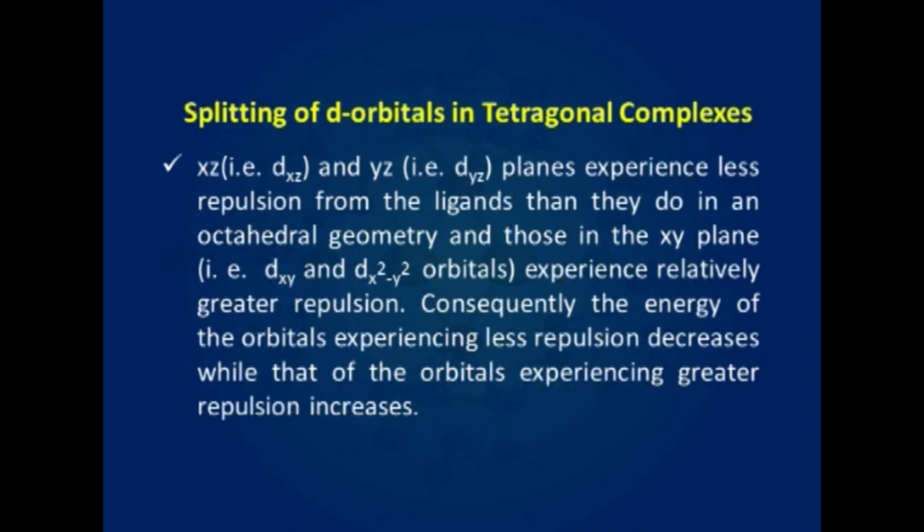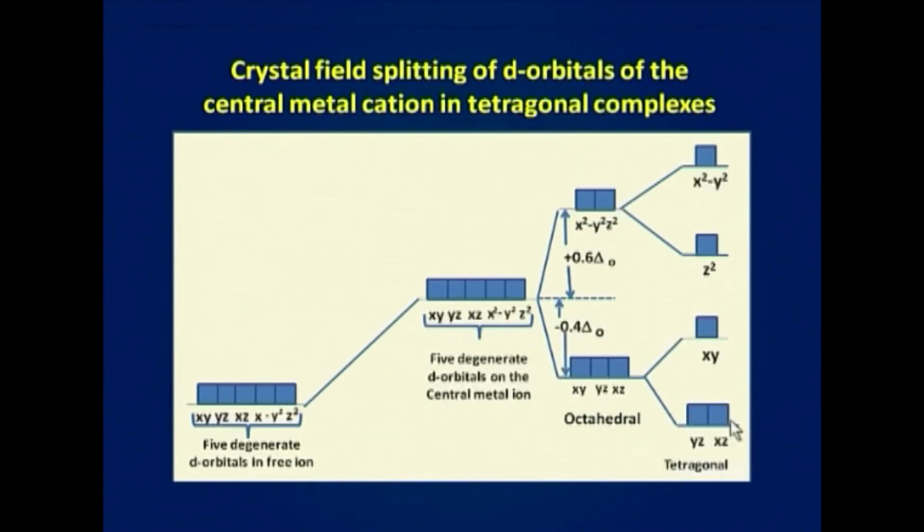Consequently, the energy of the orbitals experiencing less repulsion decreases, while that of the orbitals experiencing greater repulsion increases. Here you can note that the dxz and dyz orbitals are degenerate.